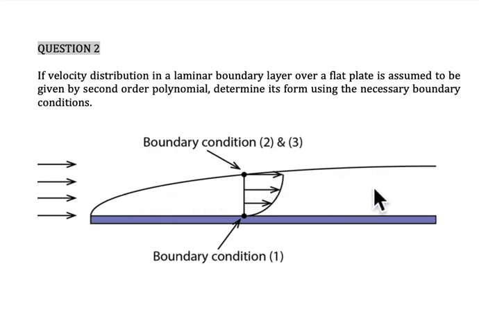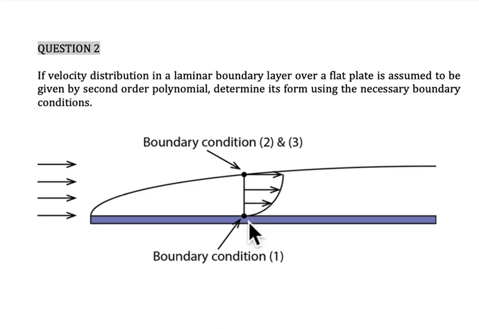Inside the boundary layer, we have a velocity profile. The boundary between the plate and the velocity distribution we mark as this point, and the boundary of the velocity profile, which is 99% of the free stream velocity, we mark as this point.